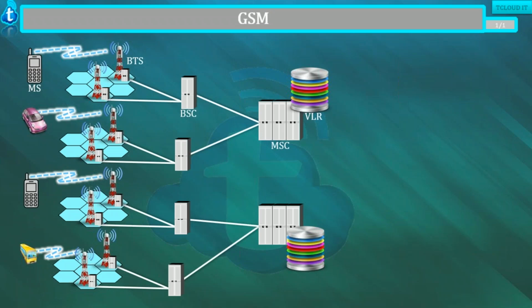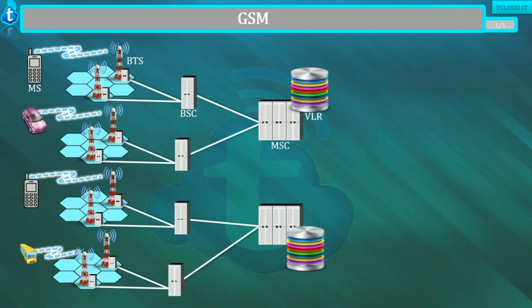What is the second thing? In another geographical area where another 1 lakh users are present, you need to place one more MSC, and you need to have some more BTSs and BSCs placed to help serve the users present in those areas.